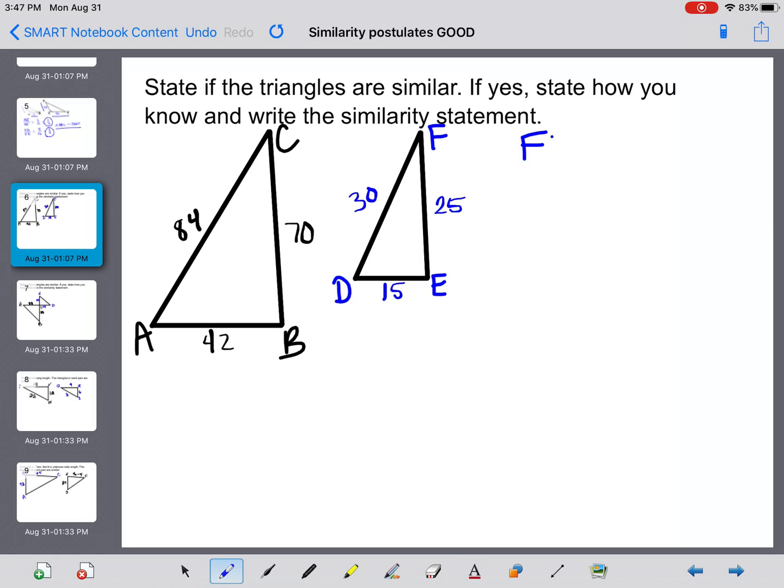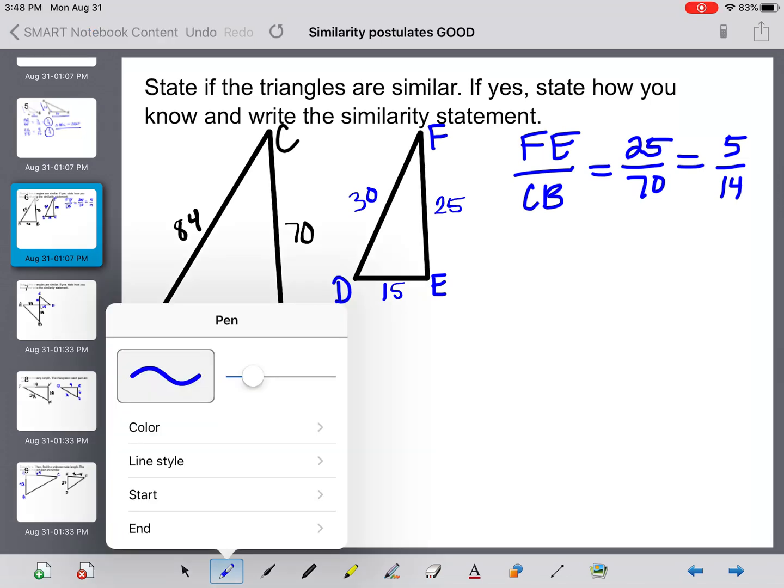So that means checking to see if FE is proportional to CB. So that would be 25 over 70, which would reduce to 5 over 14.